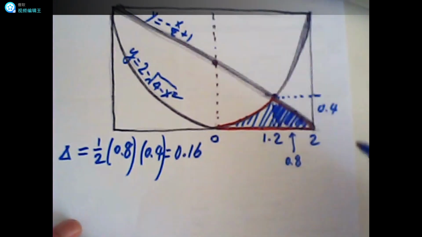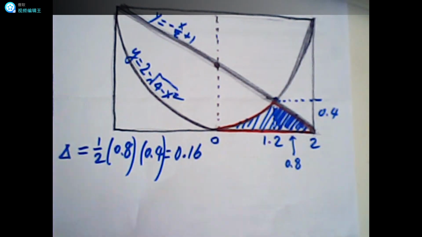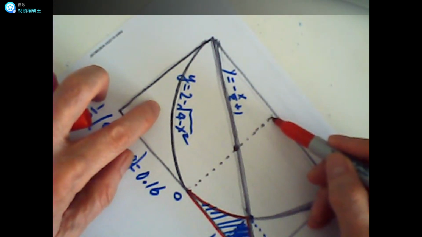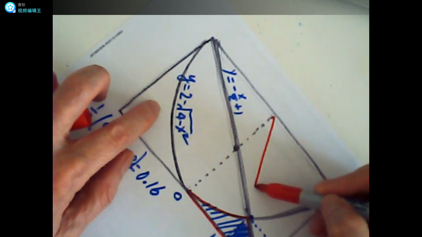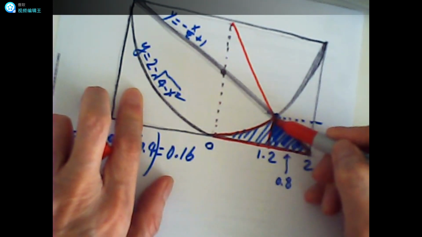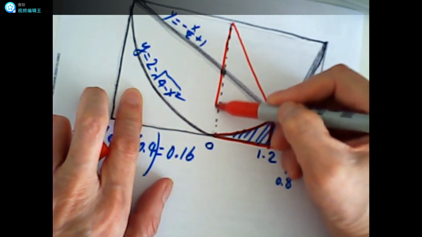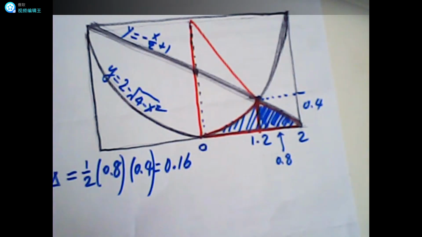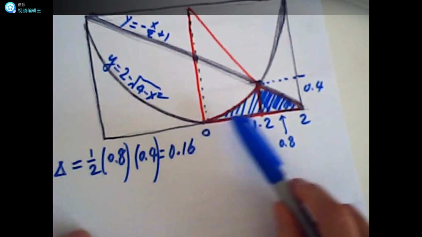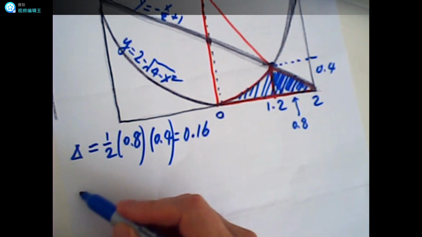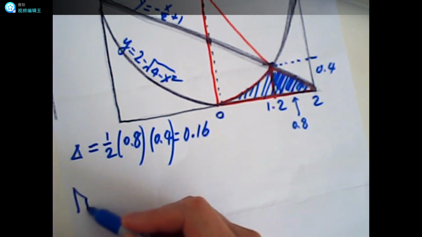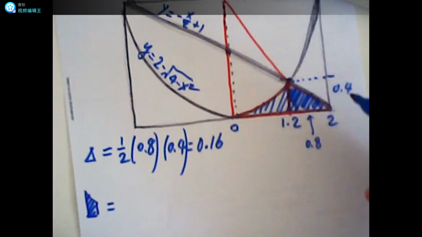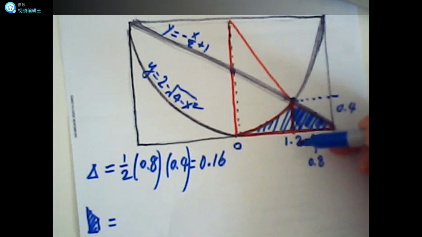Now this piece, well, if I join the line here, and this is the line here, don't you think that this is a trapezium? This is a trapezium, right? The trapezium area is equal to this one plus this one, right?